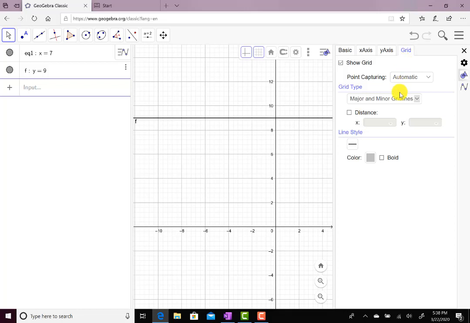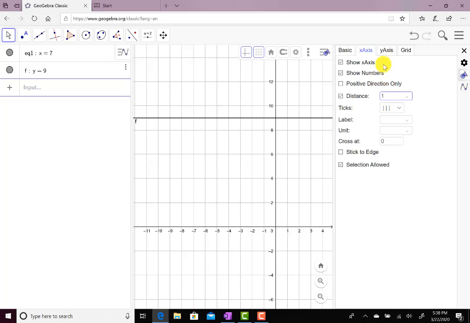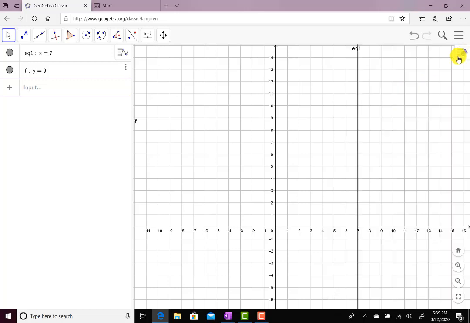The grid, I want to do just major grid lines so that I don't have a bunch of stuff in the way. And then for these x and y axis, put a distance of 1 and enter. I encourage you to play with this program. You don't have to download anything. All you got to do is go to the website. And let's see what I did. There it is. You can see the equations there. Let me go ahead and copy this into our workbook.